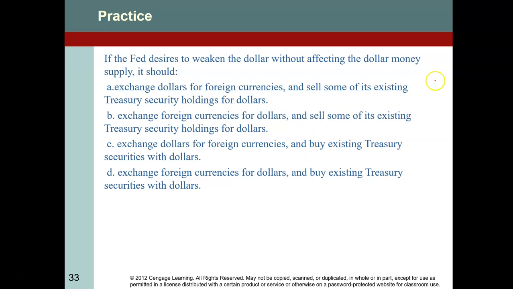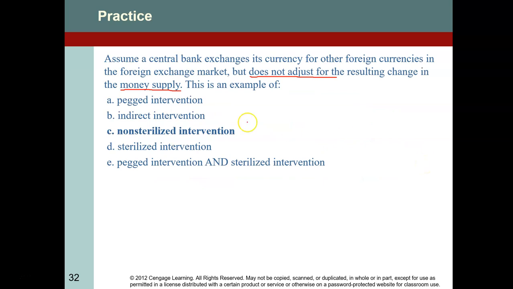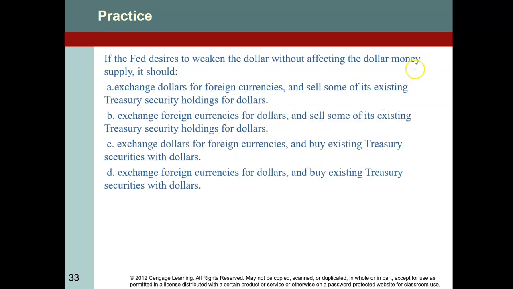Okay, excuse me for saying that this is non-sterilized. This is actually sterilized intervention. For non-sterilized intervention, it does not adjust for the resulting change in the money supply. But here, this example is a sterilized intervention because we will adjust the effect in the money supply, because we do not want to affect the dollar money supply.